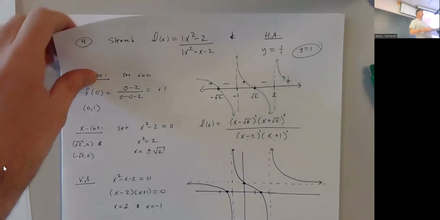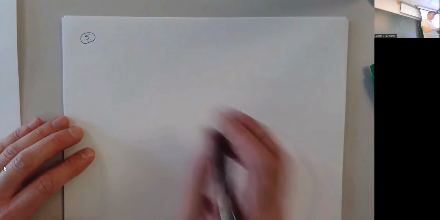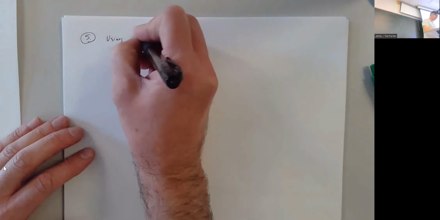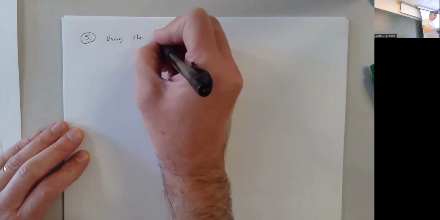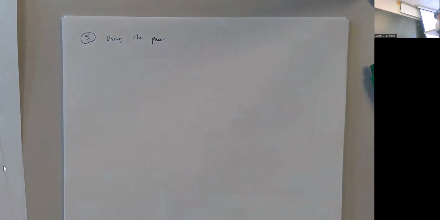All right, let's look at, you said also 5? What's 5? Using the power rule, differentiate. Well, there's nothing about the power on the text there.